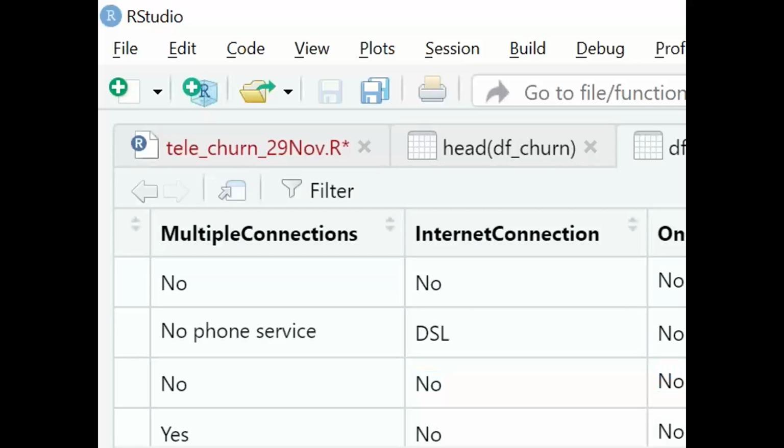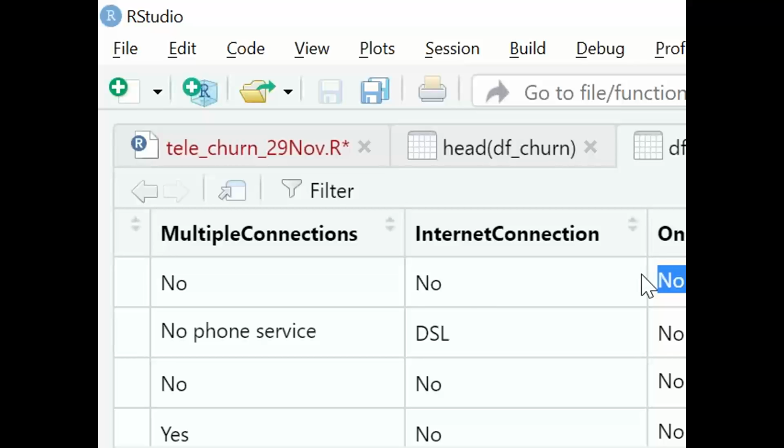Because of this, a new category is being created. One is no internet service and one is no, and both mean no only. If I say online security, he doesn't have it and he also doesn't have it. So instead of creating multiple categories, can I not convert this value to no itself? Because this also means the person doesn't have the service.